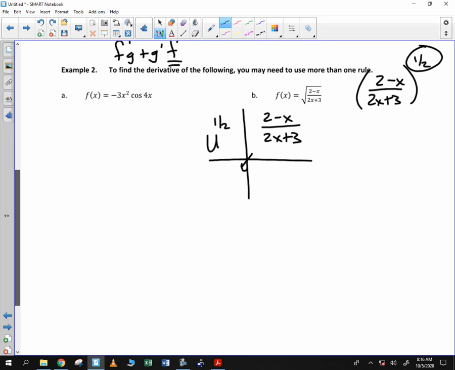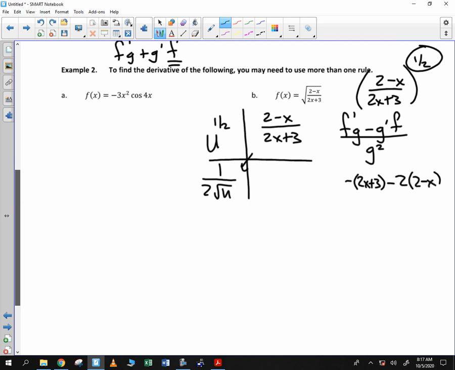The derivative of u to the 1/2 is 1 over 2 roots of u. The derivative of 2 minus x over 2x plus 3, that requires the use of the quotient rule. F prime g minus g prime f all over g squared. The derivative of f is -1 times the 2x plus 3 minus the derivative of g, which is 2, times 2 minus x.